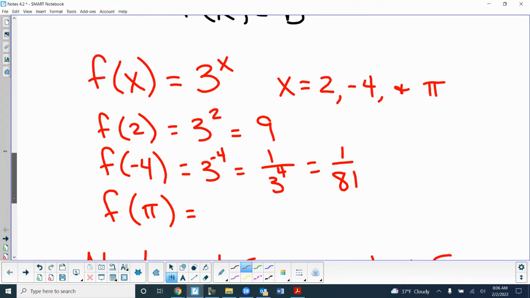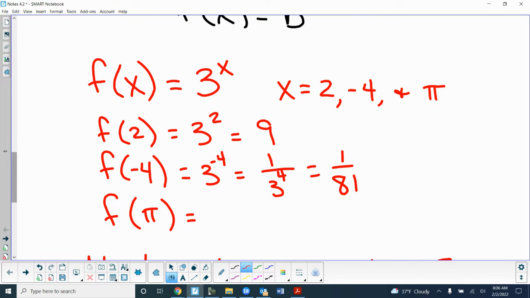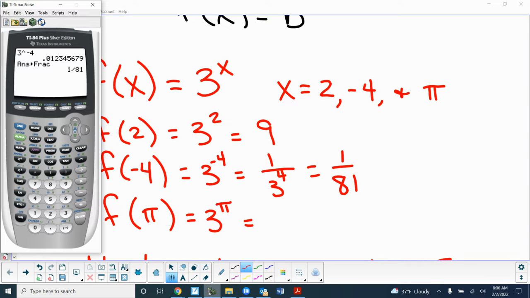What about this? Can we do that? Sure we can do that. Where's pi at? You guys see where the pi is?